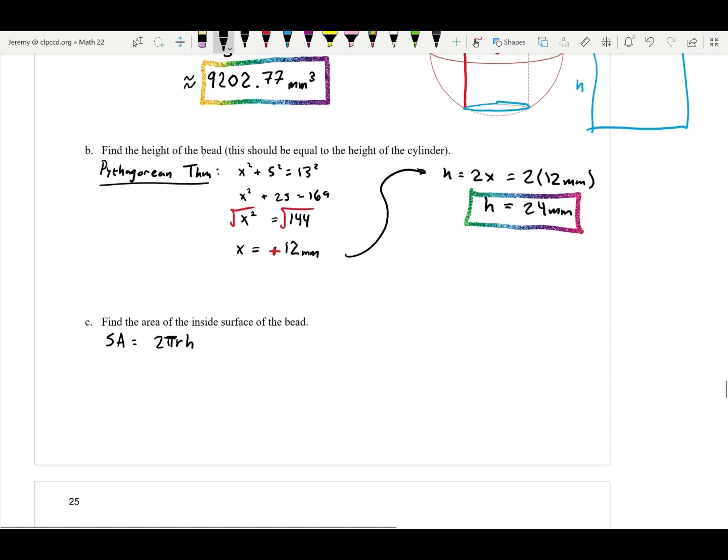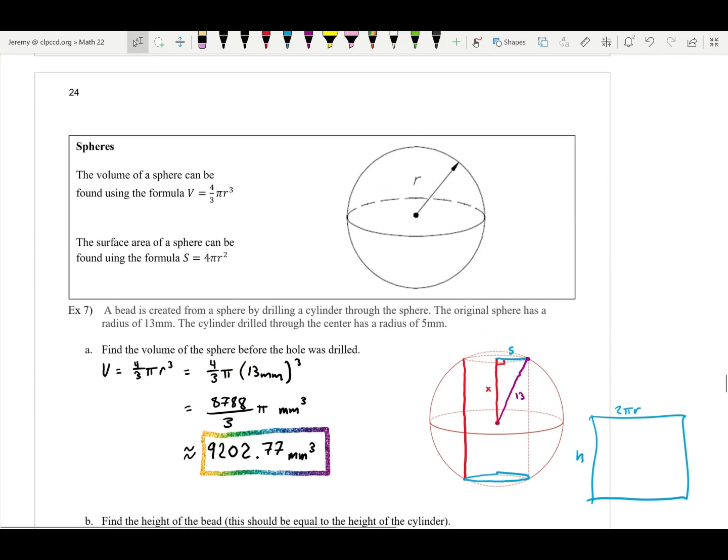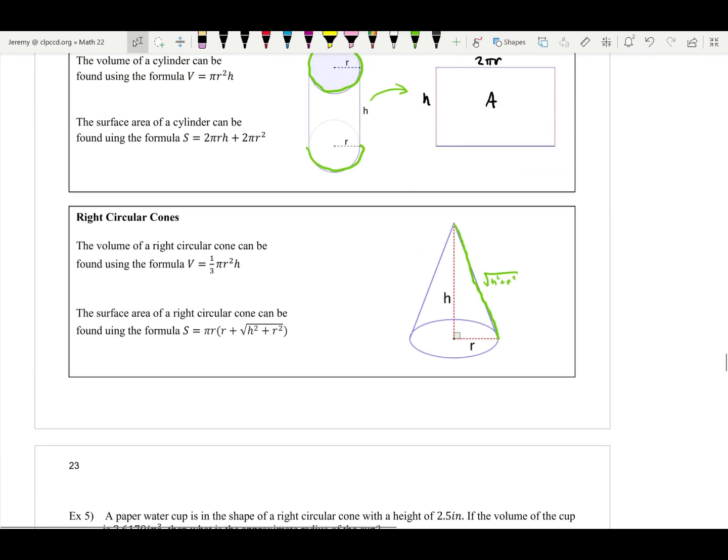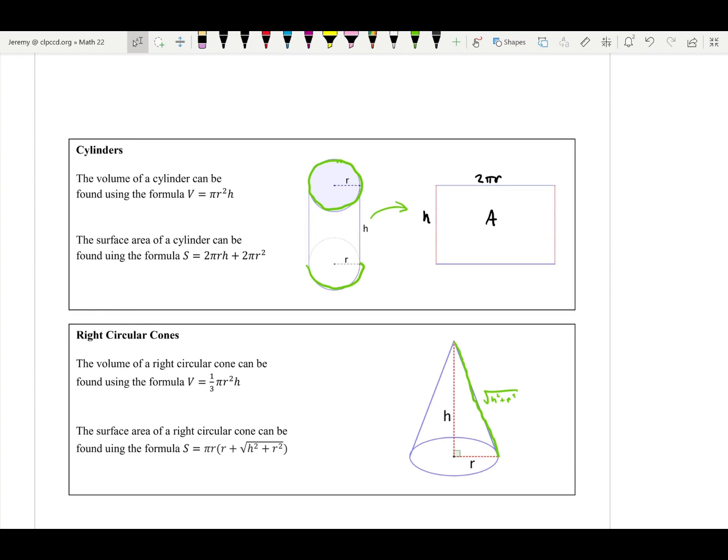which should be what I wrote on the page a couple pages back. We can check. Yeah, so this surface area formula here actually includes the top and bottom. That's where the 2 pi r squared comes from. So really we're just looking for the area of this outside bit.